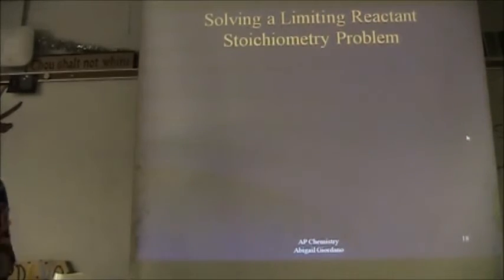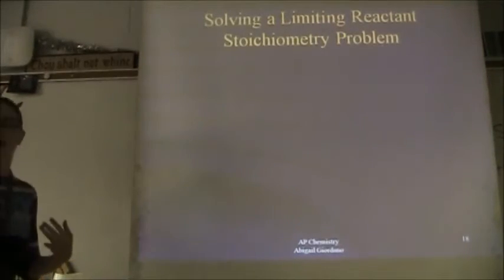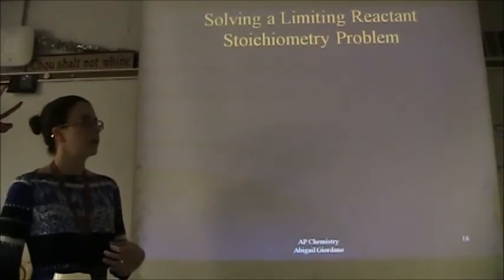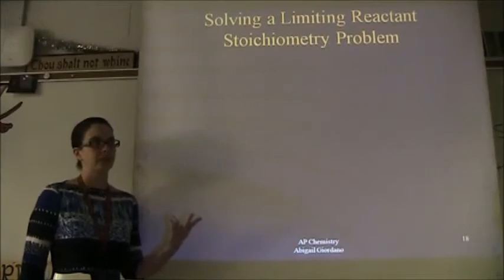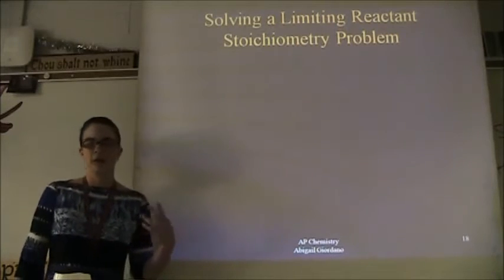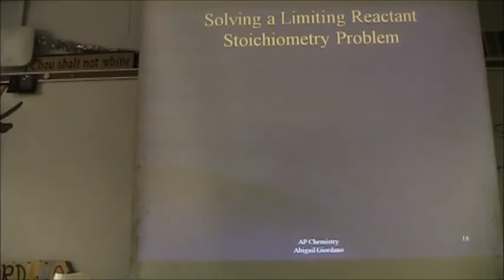Now, I will tell you this. Depending on who your Chem 1 teacher was, there are basically two methods, actually three, but basically two methods of doing a limiting reactant problem. No method is better than one of the others, okay?